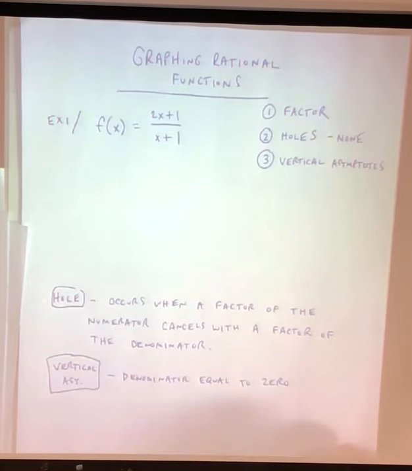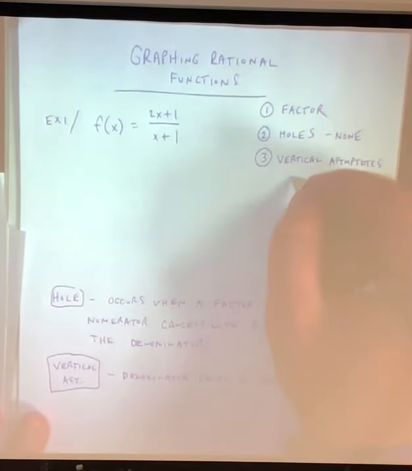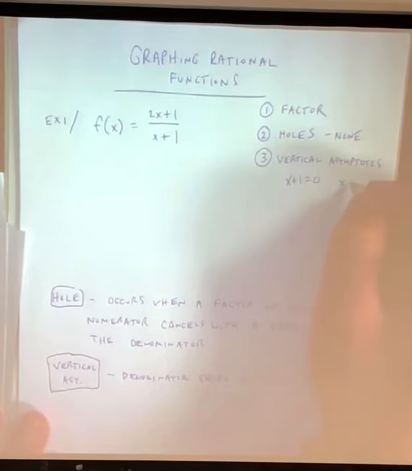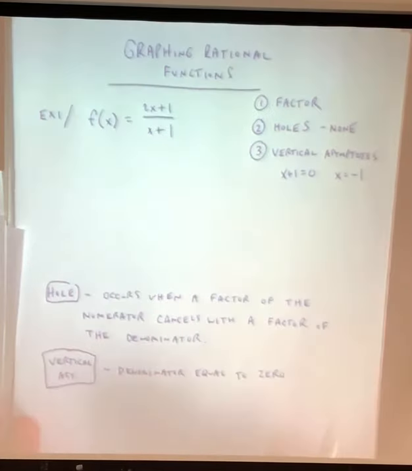So in this particular one, we're going to set x plus 1 equal to 0. So we learned that there's a vertical asymptote at x equals -1.